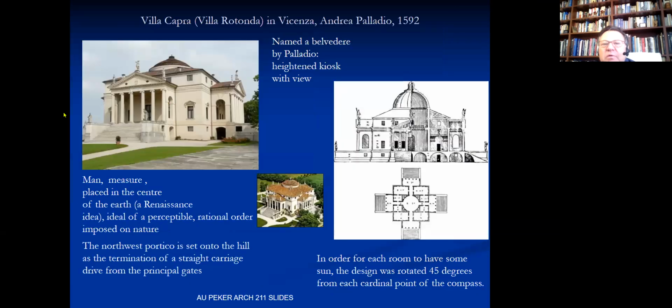Villa Capra or Villa Rotonda in Vicenza, again by Andrea Palladio, is a nice manor house. This sort of manor house was named by Palladio as Belvedere. He employs this term, Belvedere.